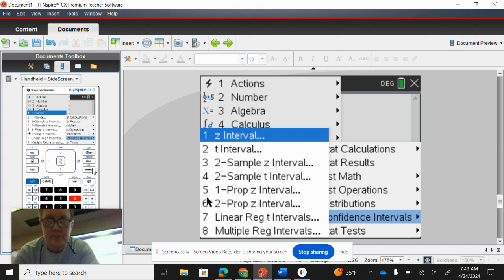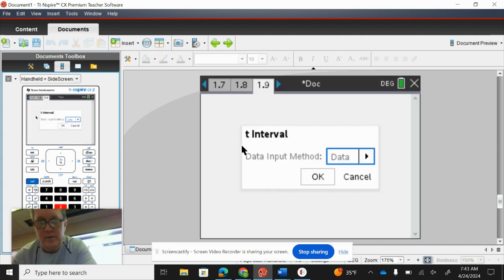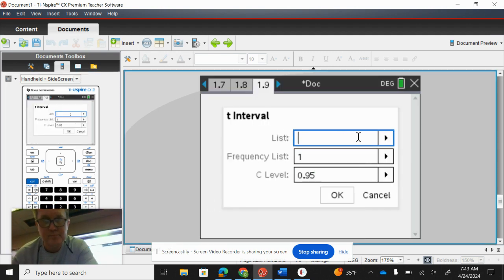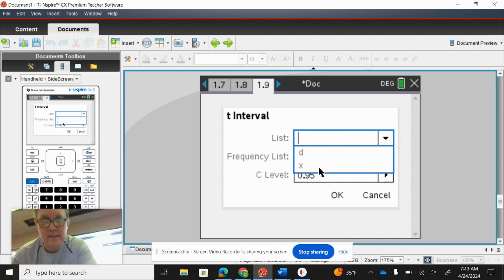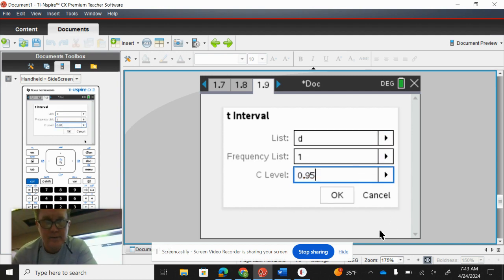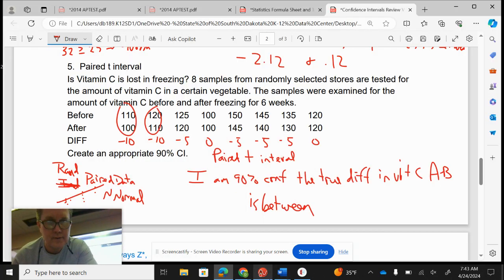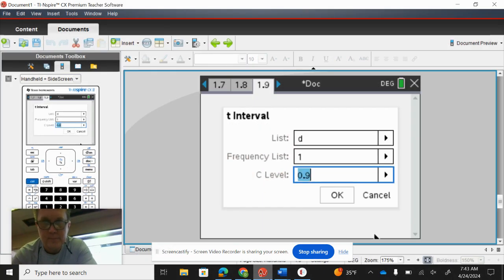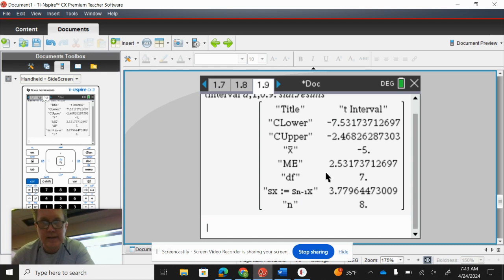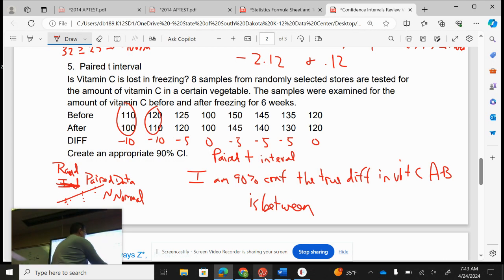And use 662. We just used the T interval on this one. On data, our list is D and do 90 or 95. 90. Negative 7.5 and negative 2.46.